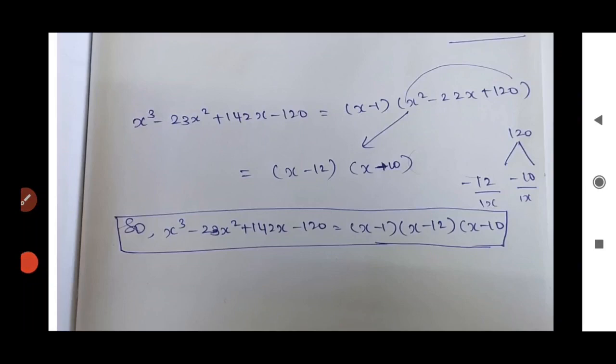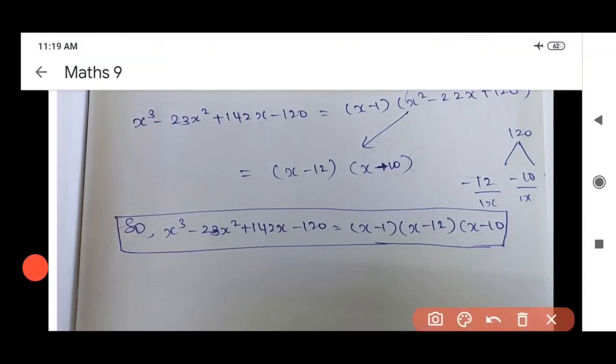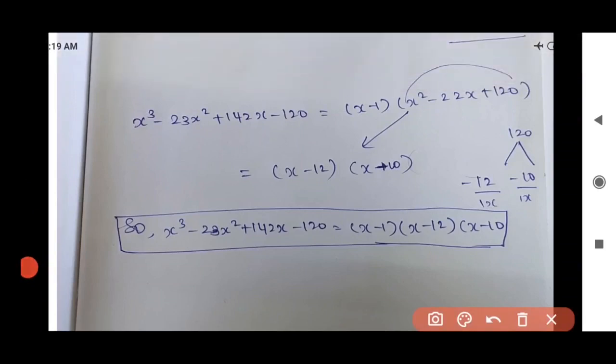So x minus 1 is a factor of this polynomial. So the quotient is x squared minus 22x plus 120.